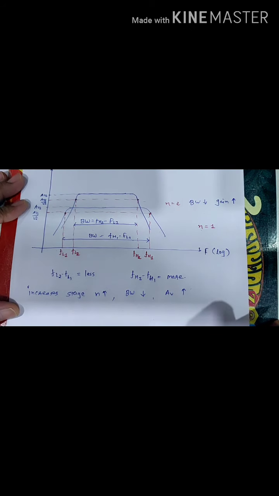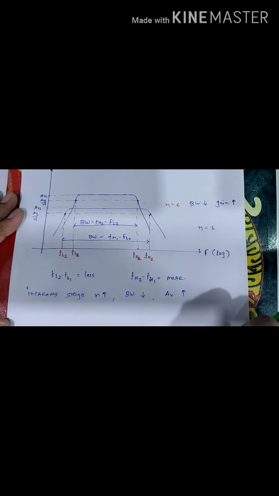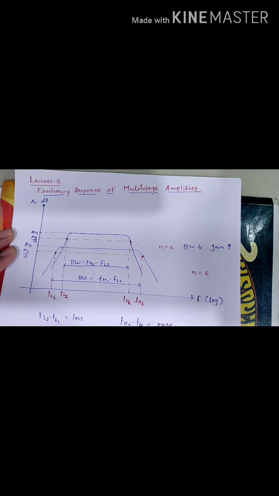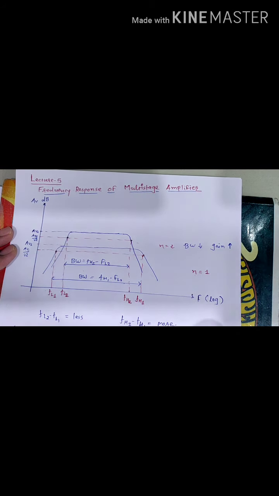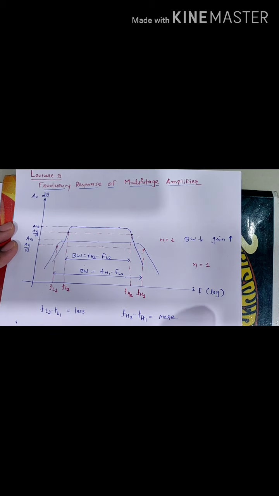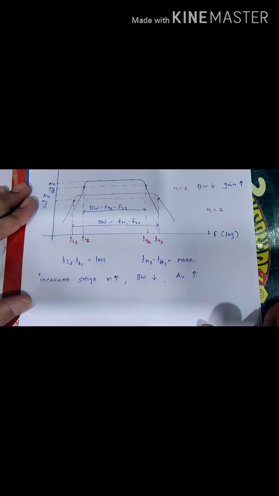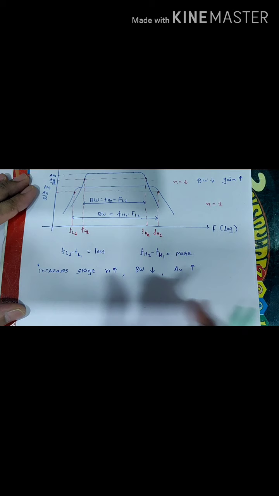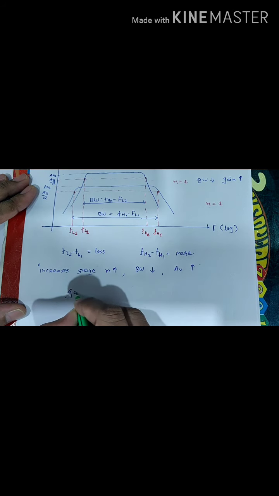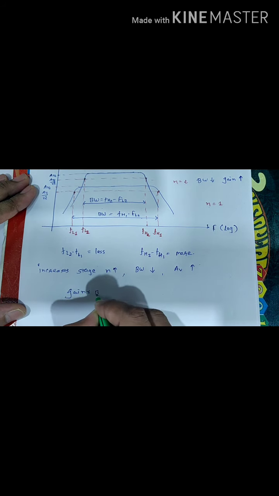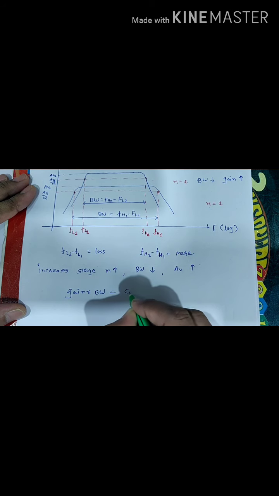When we add multiple stages of amplifier, we have to compromise between the gain and bandwidth. As previously discussed in detail, the gain-bandwidth product is constant.